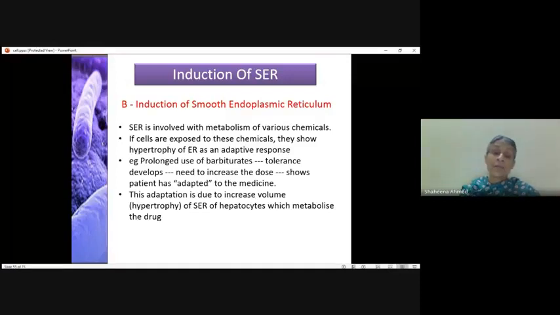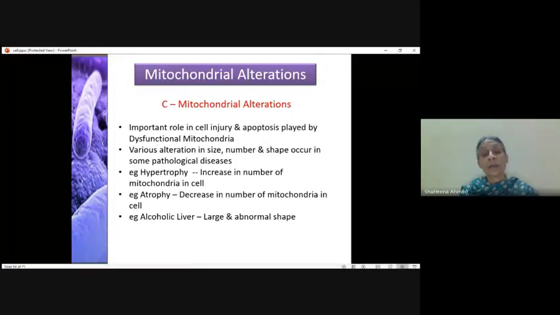Because as we keep on taking these drugs for a prolonged period of time, the endoplasmic reticulum adapts to these drugs and increases in volume, it hypertrophies. When it increases in size, it is able to metabolize these chemicals more effectively. Then the doses of that drug become inefficient when tolerance is developed. So again, an example of an adaptive process.